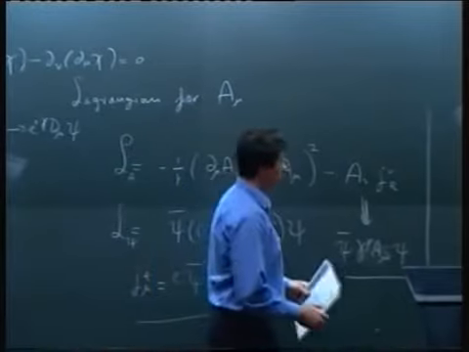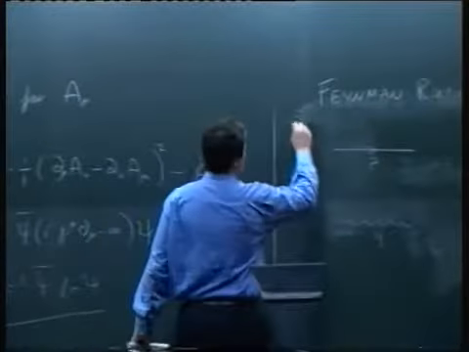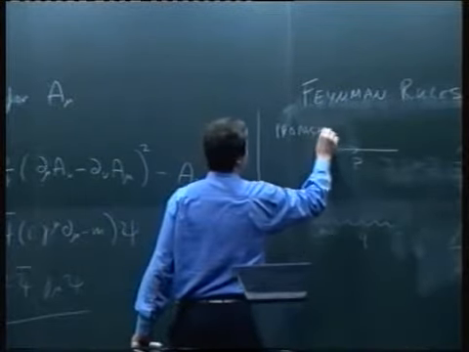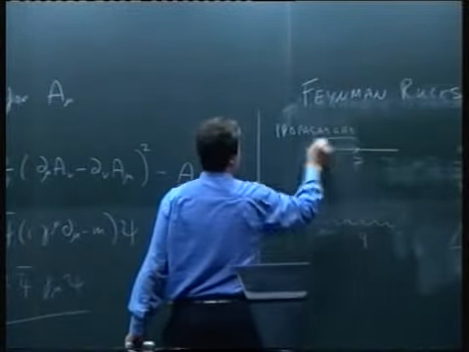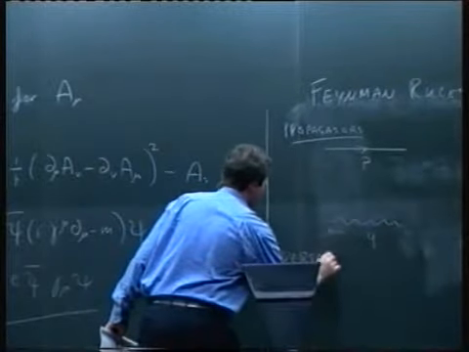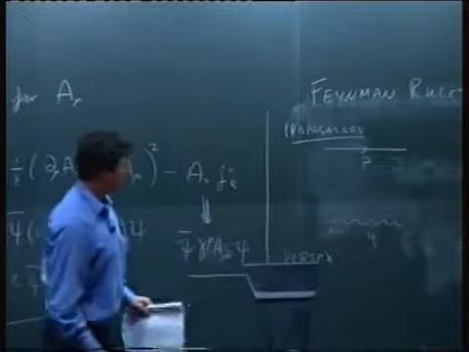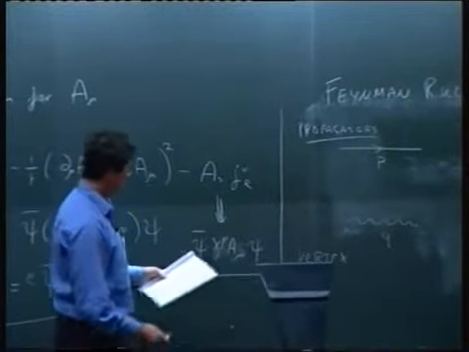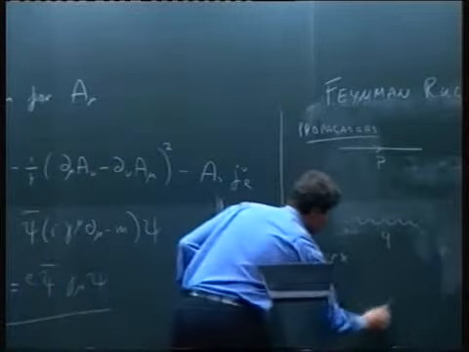So what we had here were the propagators. And so we have two kinds of propagators, and there's only one vertex in QED, which combines one photon with two electron lines. And I'll write it like this.